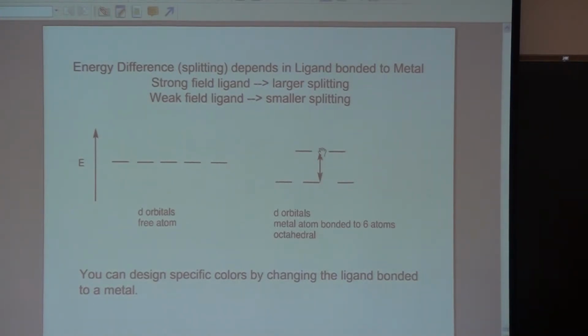And the amount of split, in other words, this difference in energy, depends on the atom or group of atoms bonded to the metal. So in that previous slide, CO gives a large difference in energy between these 2 sets of d orbitals, whereas iodide gives a smaller splitting in energy. And how is that going to change the color of that substance?